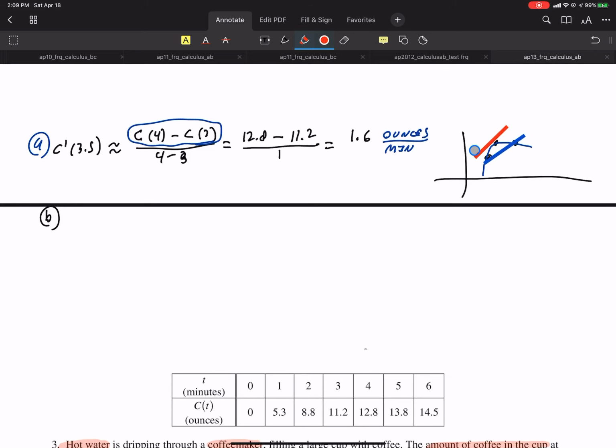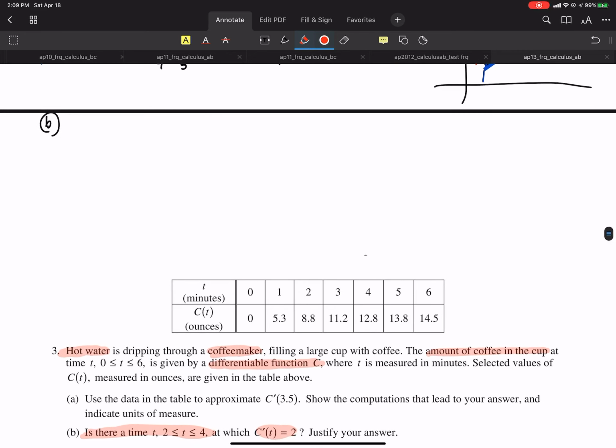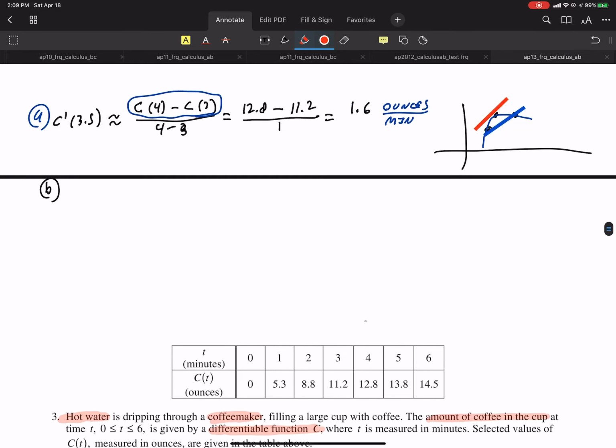They want to know, is there a time where the slope of the tangent line equals 2? So that's where, since we don't have the function to prove that, it's the mean value theorem. So basically, if this blue line here has a slope of 2, clearly this red line, as you move across, will have the same slope as the blue line, and that's called the mean value theorem.